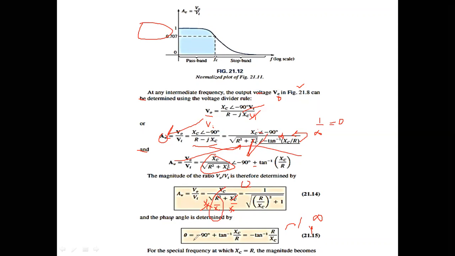And the phase angle theta will be equal to minus 90 degrees plus tangent inverse Xc over R. By the trigonometric rule, minus 90 degrees plus tangent inverse means minus tangent inverse R over Xc. You can try it by calculator. Put any value for R and Xc, and apply them here and here, and you will find the same answer. Okay, move to the next slide.